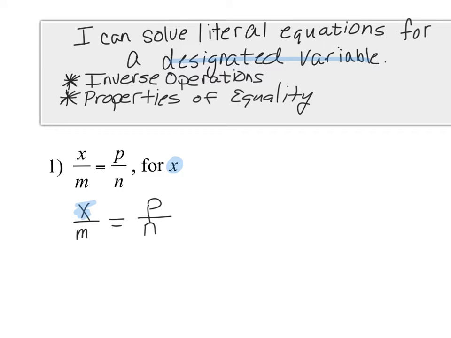So my question for you is, the x is not isolated. There's something over there with it. So my question that I want you to put on your board is, what is it exactly that we have to eliminate? What do we have to get rid of? What is hanging out there with the x that needs to go? And just as important as telling me the letter or letters that we're going to have to get rid of, I also want you to tell me what operation is currently there.